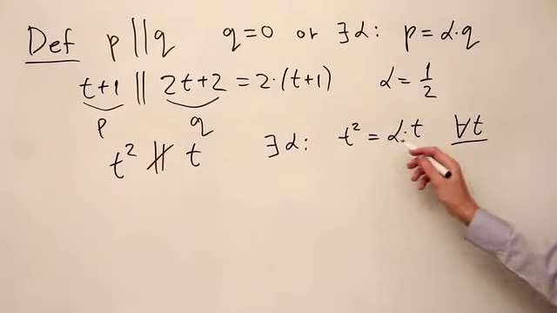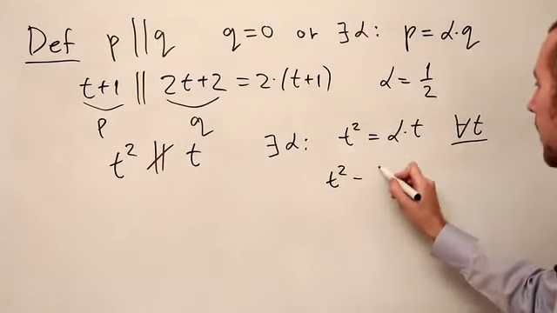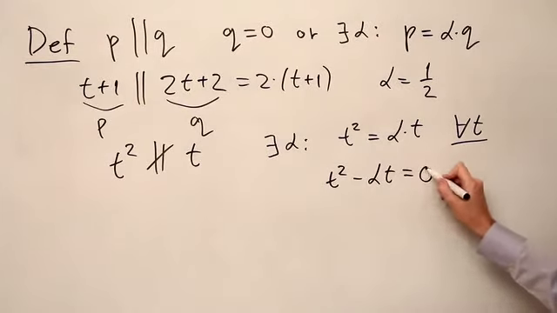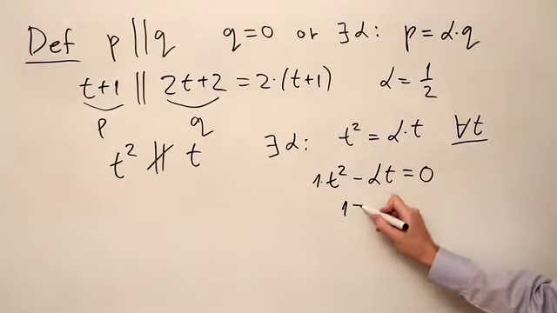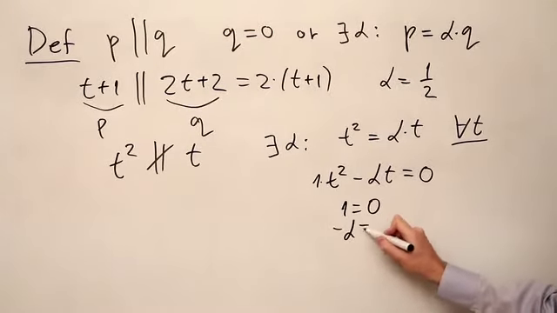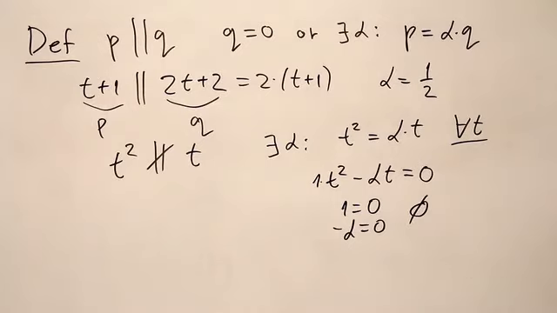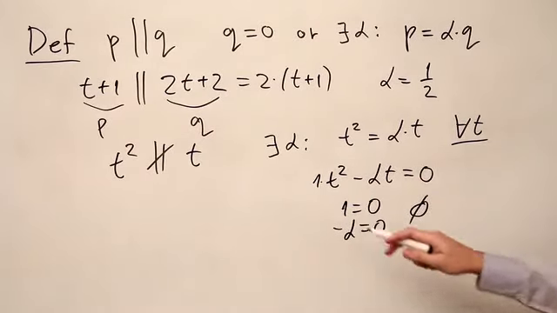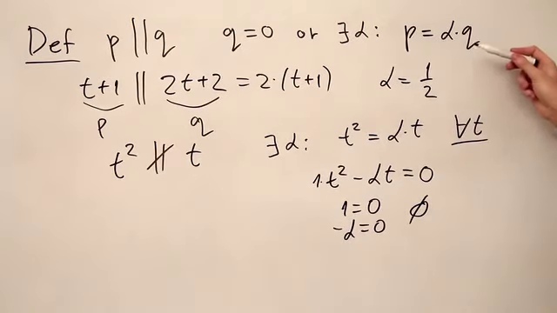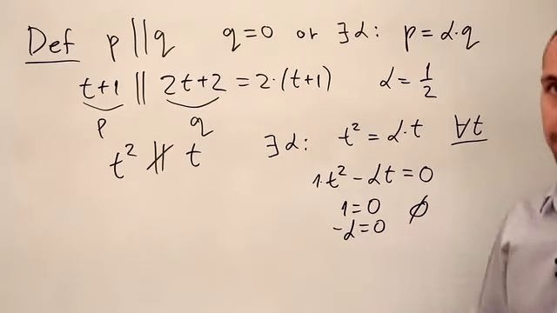Let me rearrange it in the form t squared minus alpha t equals 0. So this identity holds for all t if and only if 1 is 0 and minus alpha is 0. This contradiction proves that such number alpha cannot exist, and therefore this definition does not hold, hence these two polynomials are not parallel.